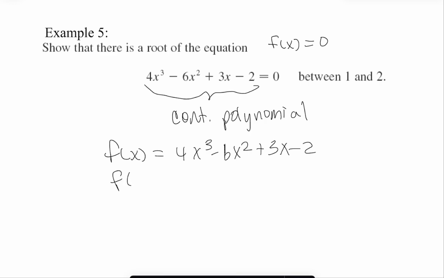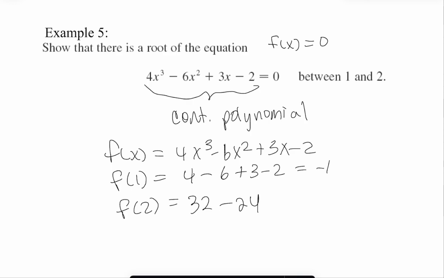Let's plug in 1 and let's plug in 2. If you plug in 1, you get 4 minus 6 plus 3 minus 2, which is negative 1. If you plug in 2, you get 32 minus 24 plus 6 minus 2, which is 38 minus 26, that's 12.